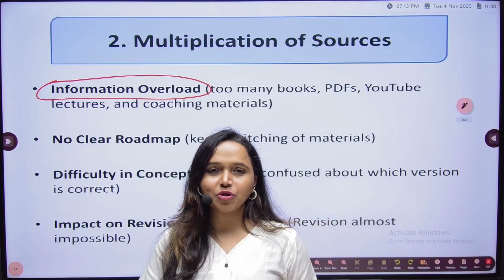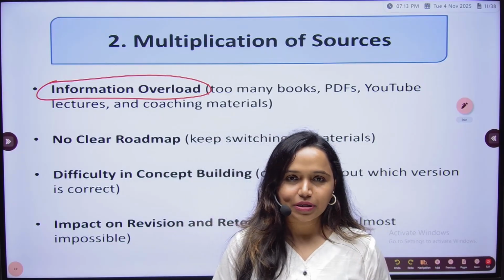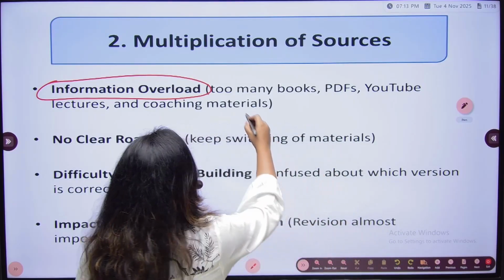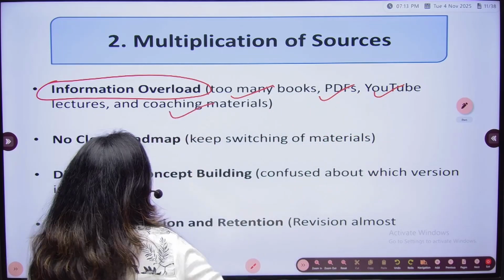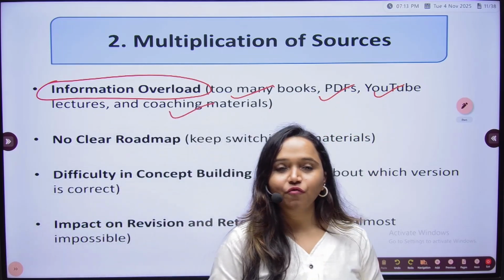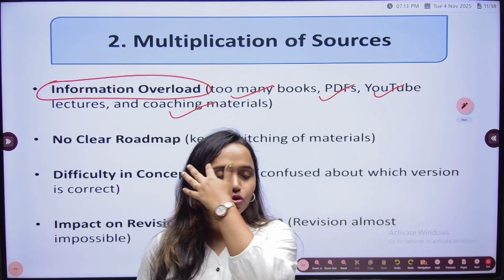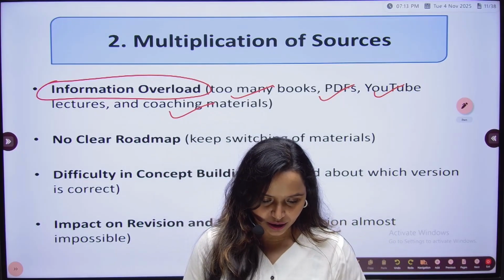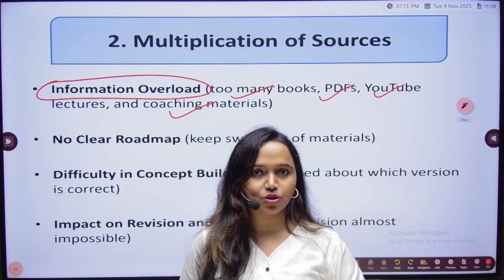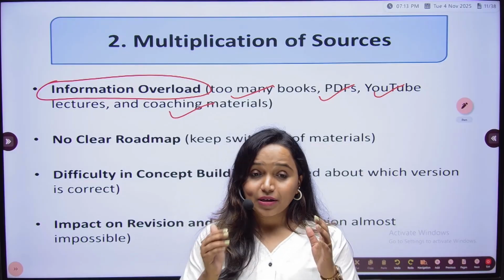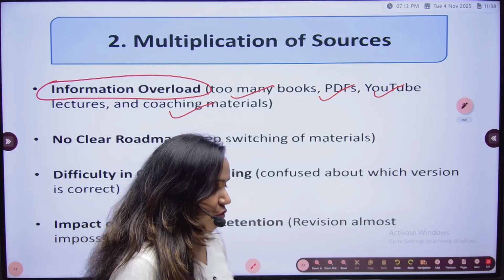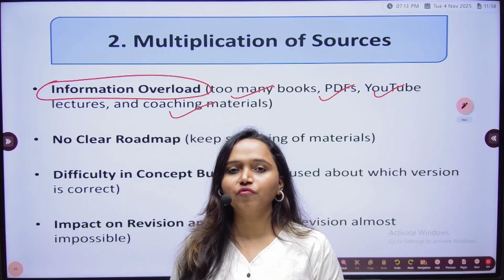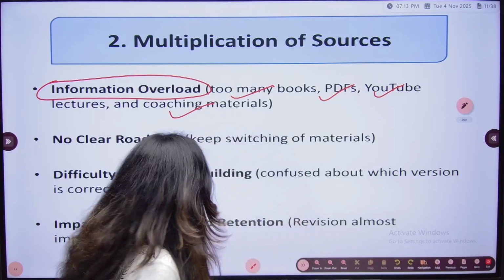There is a lot of information traveling on that particular site, and you get access to too many books, PDFs, YouTube lectures, and coaching material. So it is very important to filter out the particular source. You should know which source is important and which is not, so that you can filter out from this information overload what information you want and what information you should completely avoid.